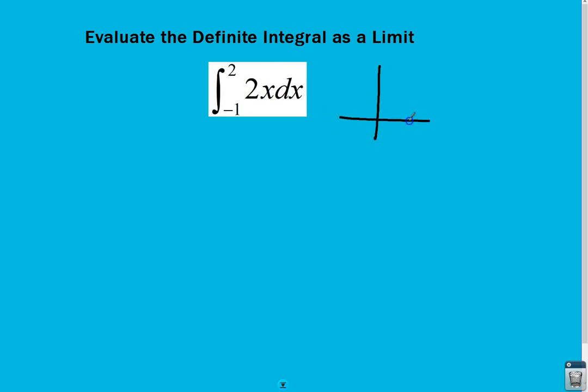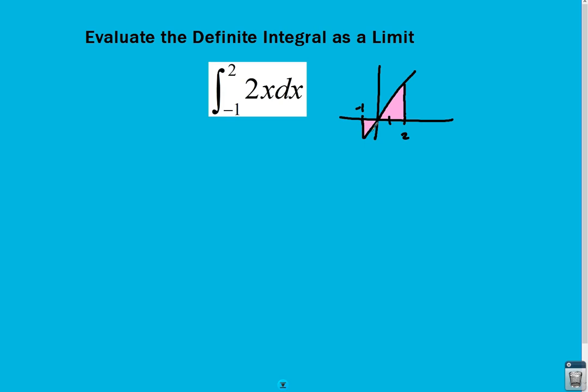And I'm going from -1 to +2. So I want to find the area between the curve and the x-axis. So this and this right here. I want to find the area of these two things for the function 2x.